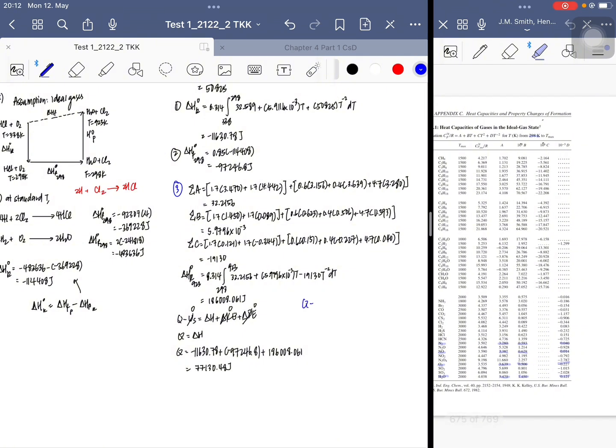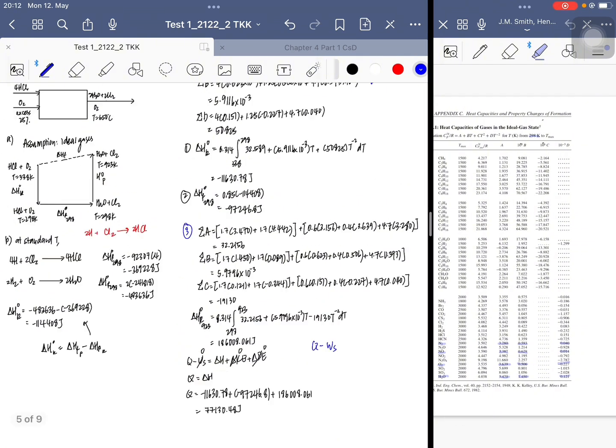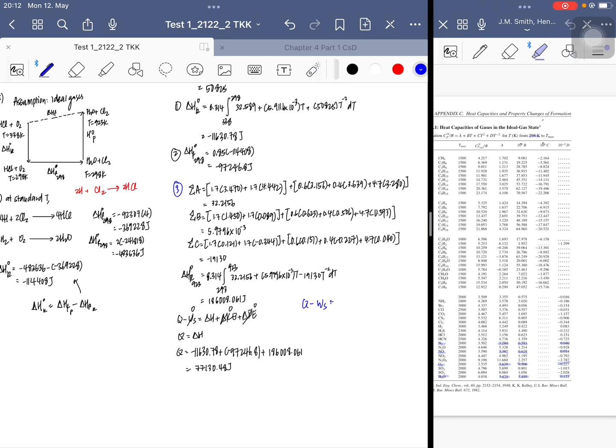This is just energy balance at this point, which is Q equals Ws. This is an open system, right? So you can just assume 0, and for PE, there's no change in elevation, there's no change in velocity, so 0, 0, 0. So your final equation is Q equals delta H.